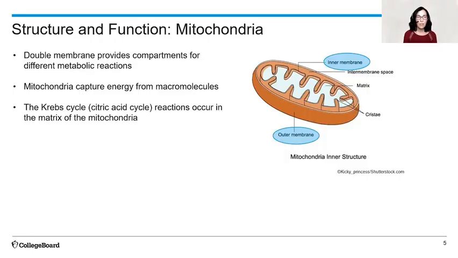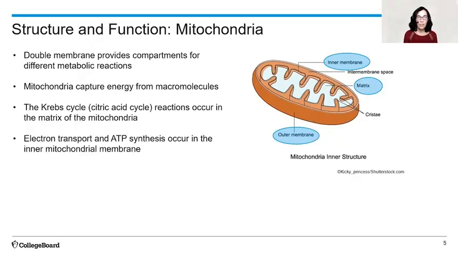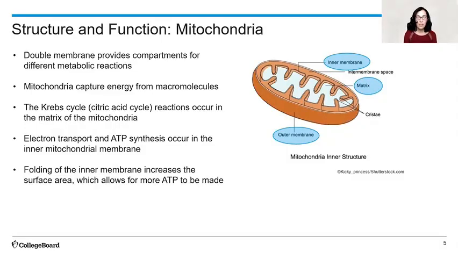The Krebs cycle reactions occur in the matrix of the mitochondria, the fluid-filled portion that you see labeled in our diagram, while the electron transport and ATP synthesis occurs in the inner mitochondrial membrane. And this membrane is also highly folded, which increases the surface area to allow, in this case, more ATP to be made. And so you can see those folds there labeled cristae.